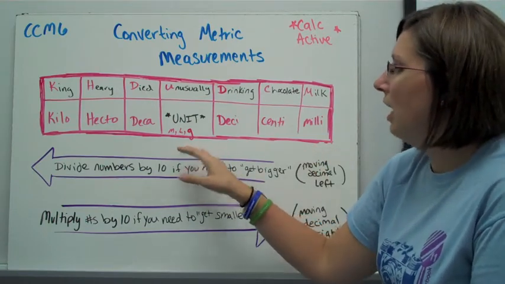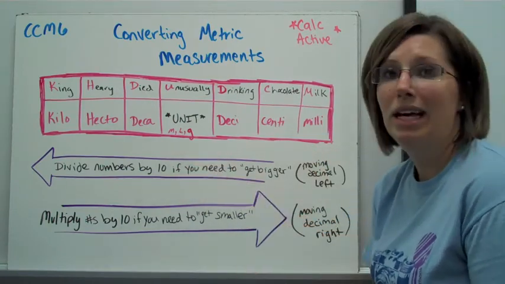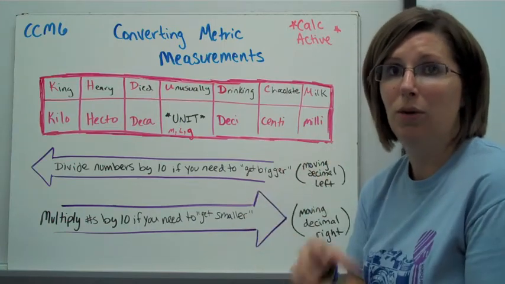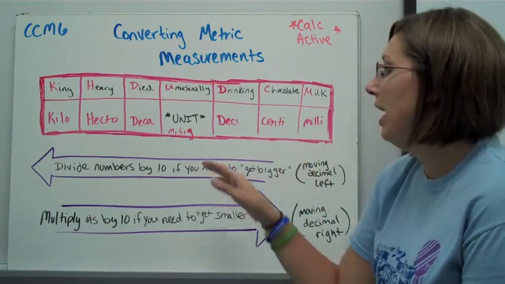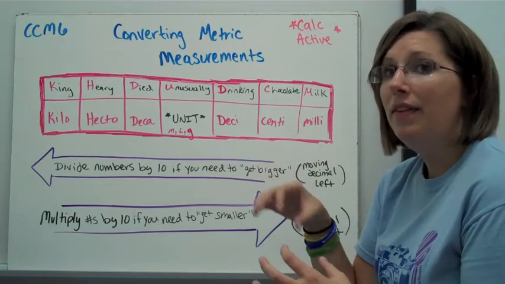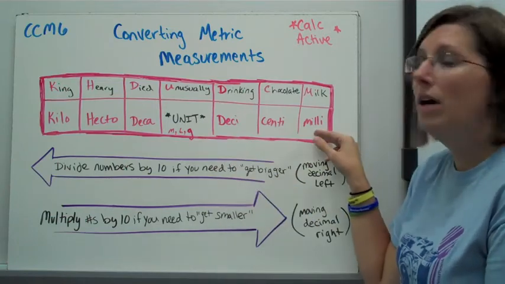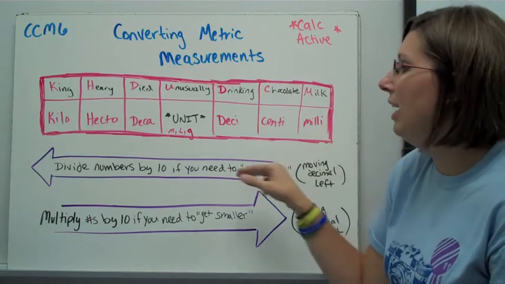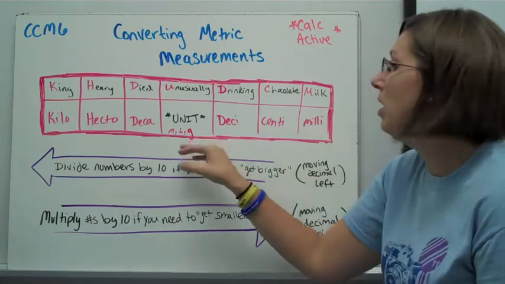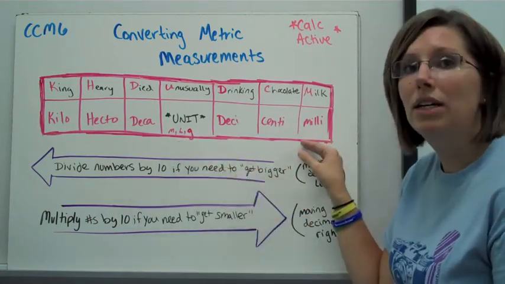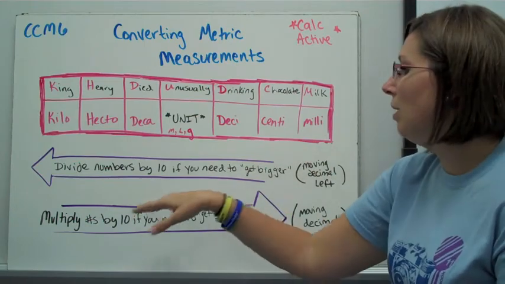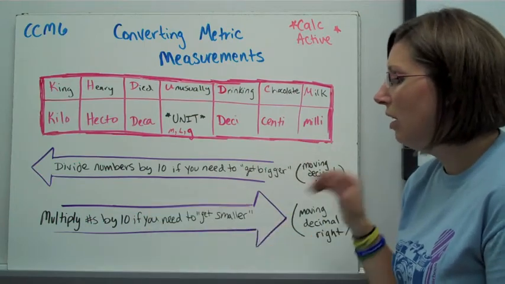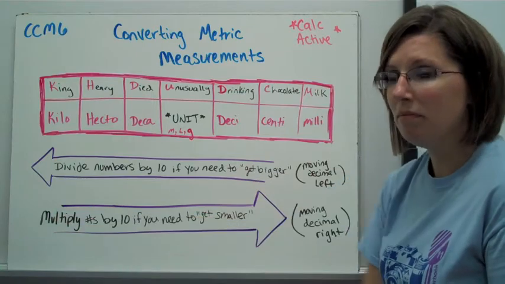Like I was saying, you might have a liter of Pepsi or a liter of water, and if you look on the label, it might tell you how many milliliters that is. The way that you convert from liters to milliliters is by multiplying by 10 or dividing by 10.